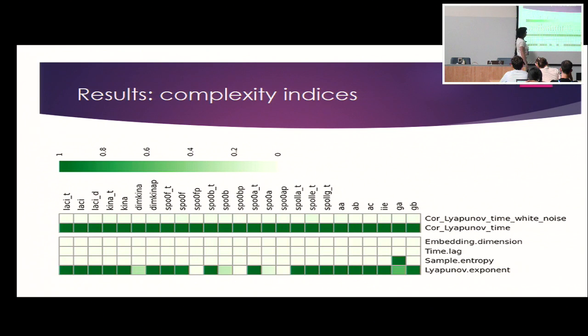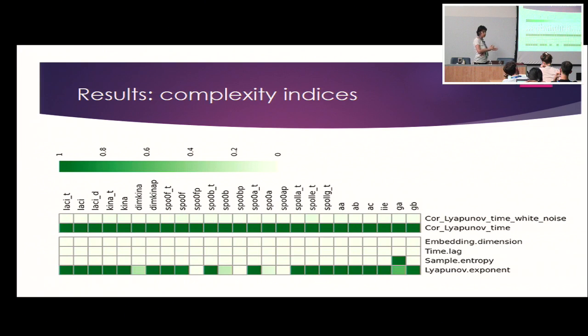This is the heat map showing the complexity indexes for each of the system components. These very strange names here are the names of the nodes of my network. Here you see the names of the complexity indexes, and here I'm also showing you an analysis of the time behavior of the Lyapunov coefficient, because it is very important to tell the user, look, we detected chaos, and this is truly chaos, it's not noise.